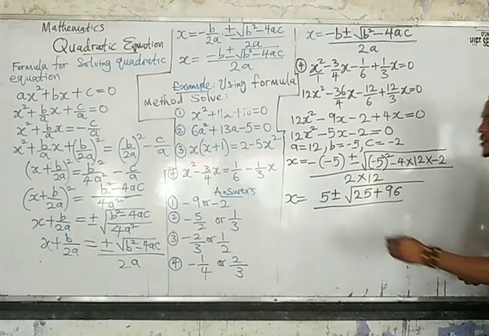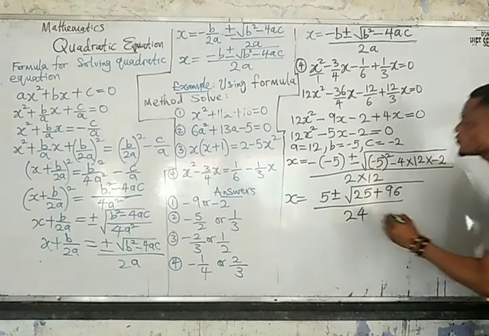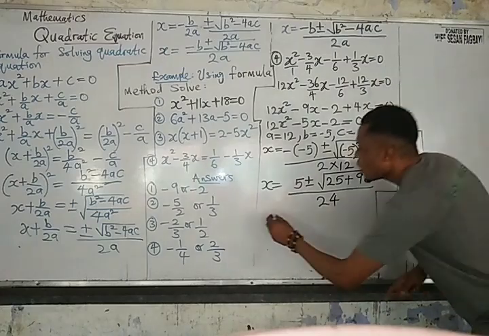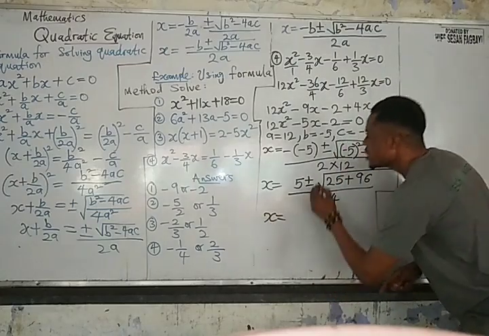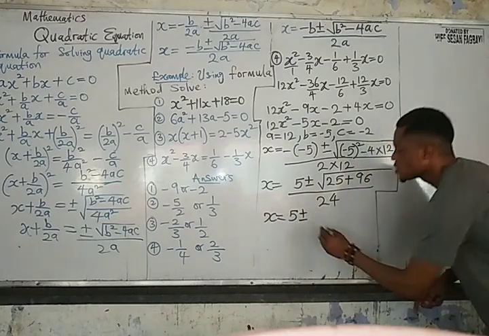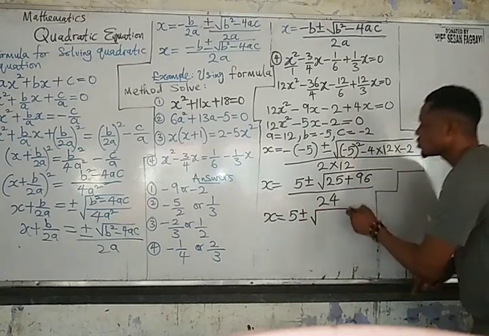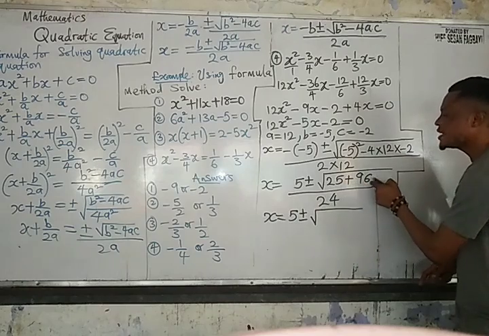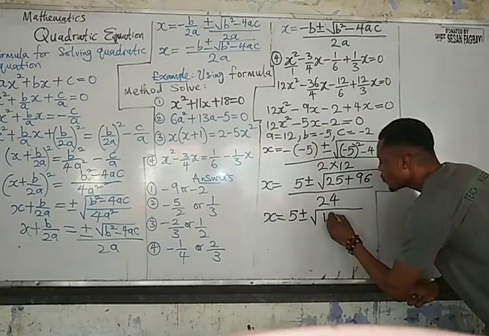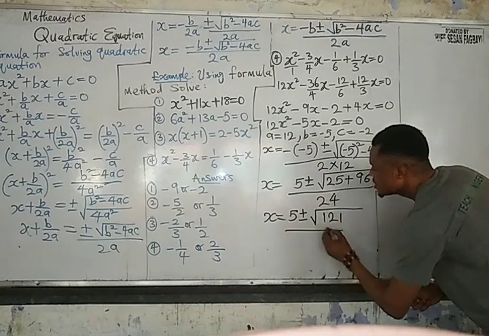All divided by 24. So from here, we are going to have x equal to 5 plus or minus the square root of 25 plus 96. That's going to be 121. Everything all over 24.